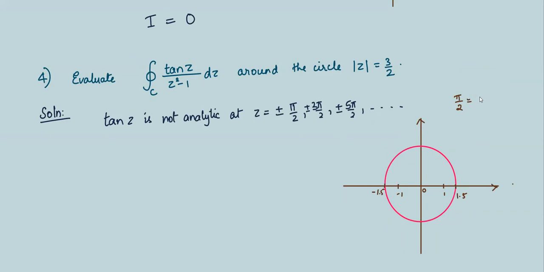Pi by 2 will be 1.57. Now 1.57 lies outside. Pi and minus pi lie outside. So none of these points lie within the circle.